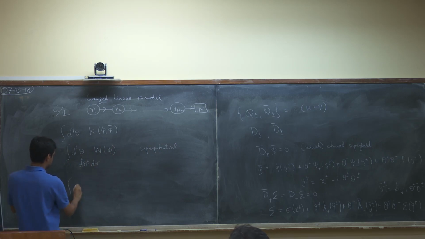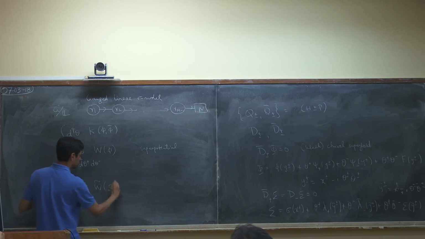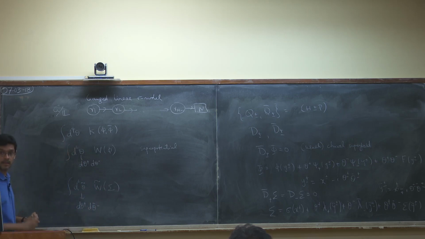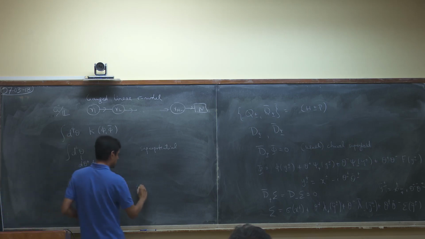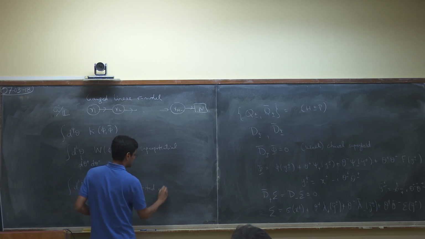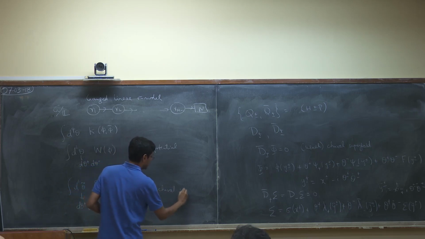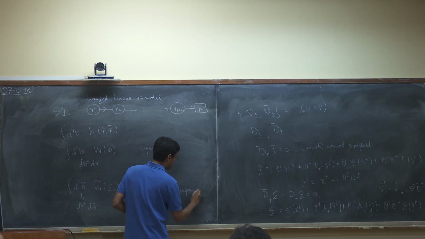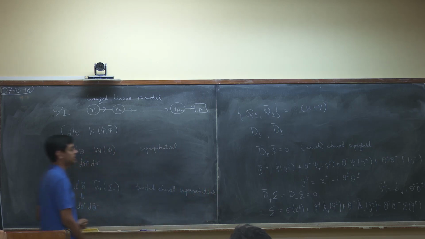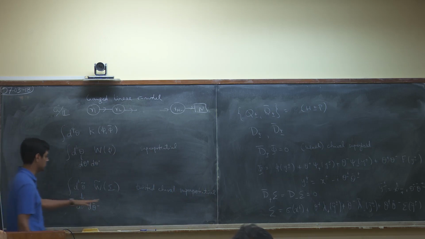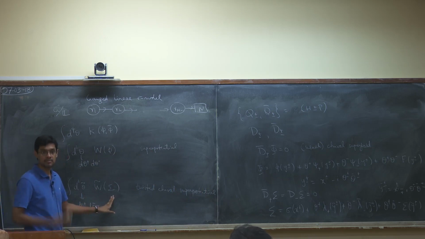But now you can define d squared theta tilde, W tilde of sigma, where this is now d theta plus d theta bar minus. This is called a twisted chiral superpotential, and it turns out to be important because, as I'm going to show, the vector multiplet in 2 dimensions can be written in terms of a twisted chiral multiplet. That's the main point.